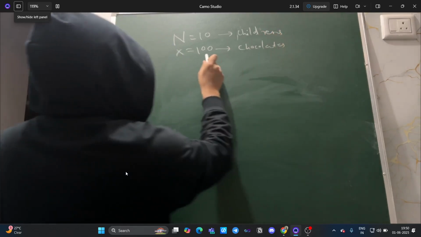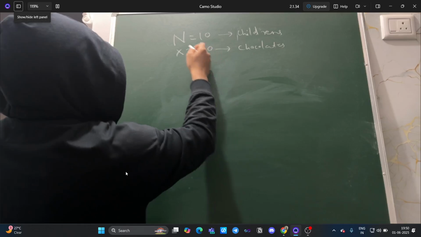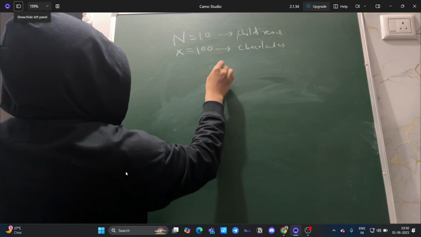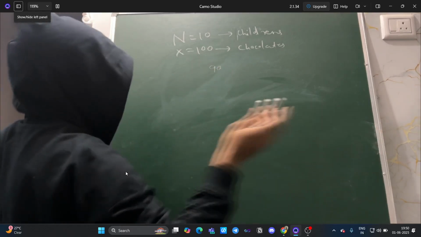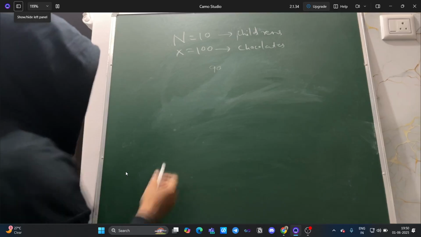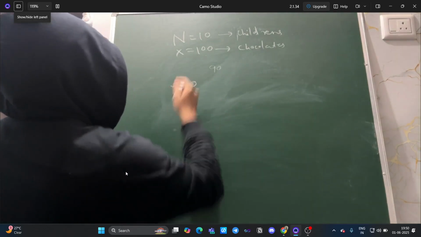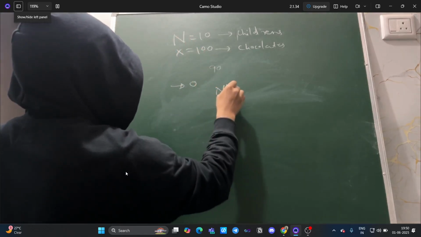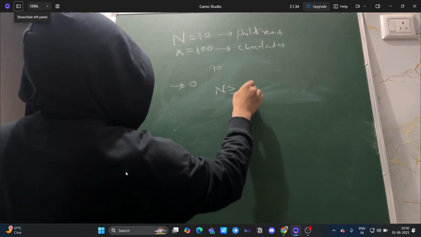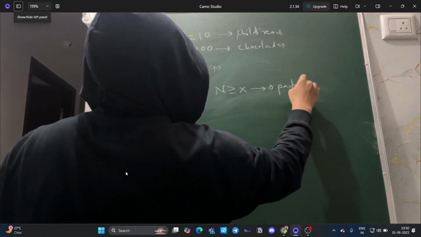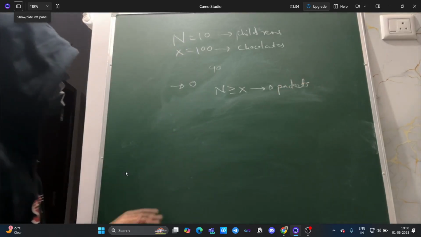Out of these 100 chocolates he can give one chocolate to all the students. Still chef will be having 90 chocolates, so he doesn't need to visit the shop and buy chocolate packets. So in this case the number of packets purchased will be 0.